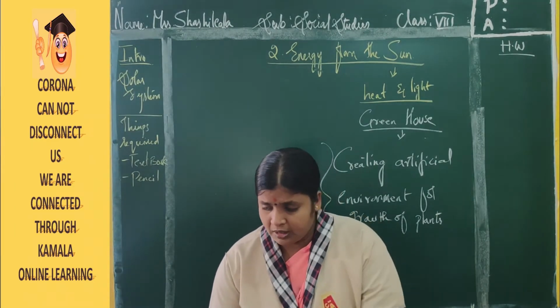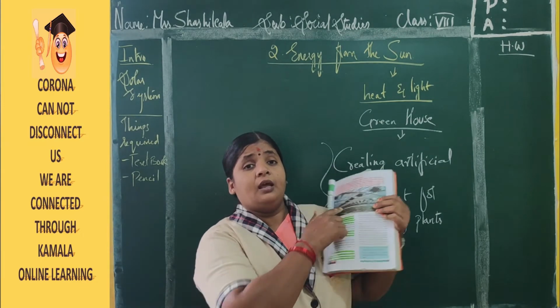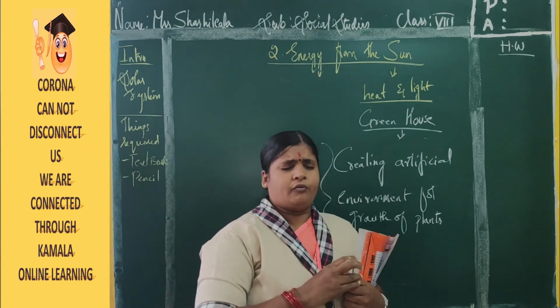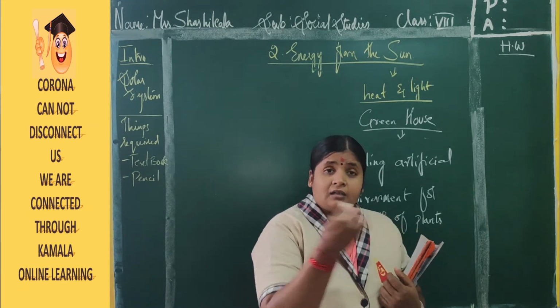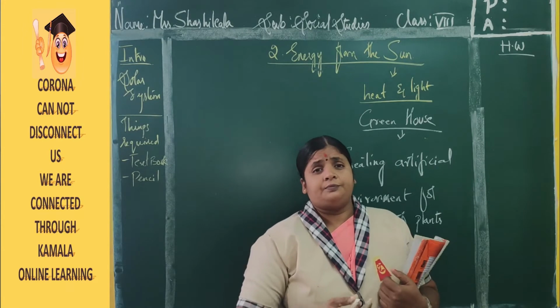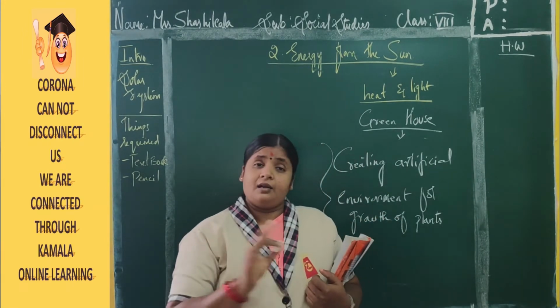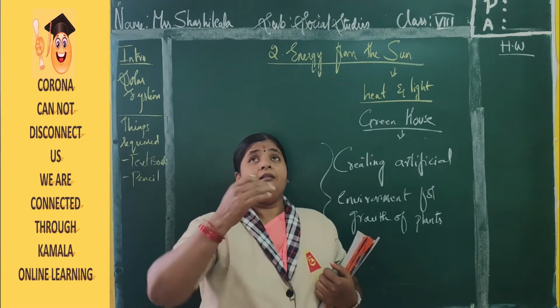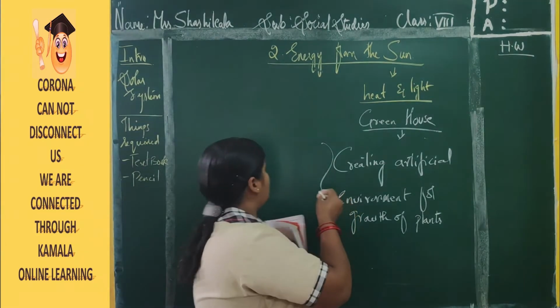So in your textbook, on page number 19, you can see that they will take one very big open land and create an artificial environment there by building huge glass walls on all four sides, and even the roof will be made directly with glass, where the light rays will fall inside this closed area.